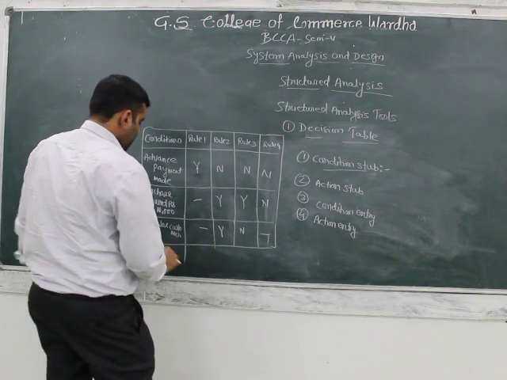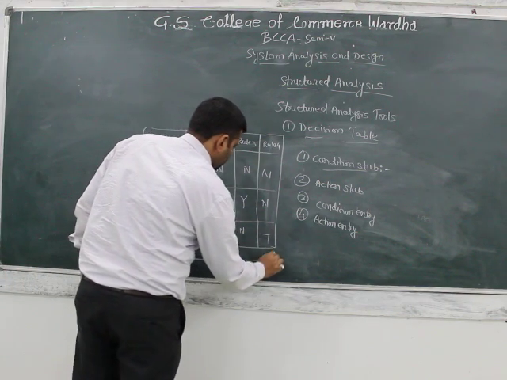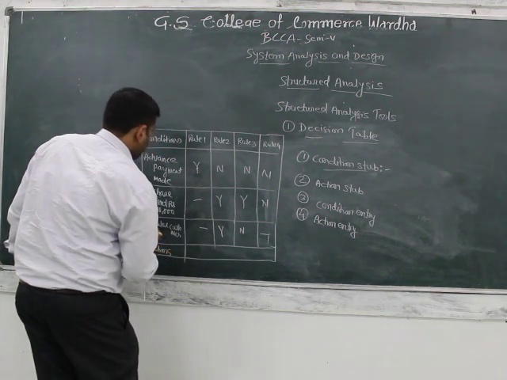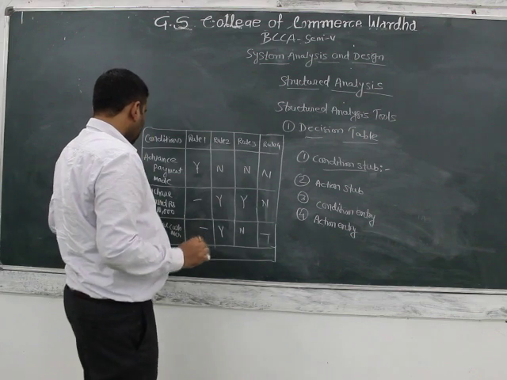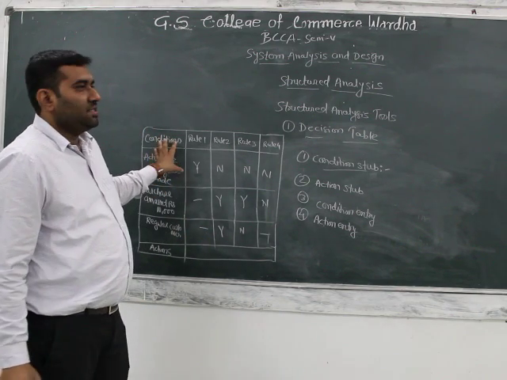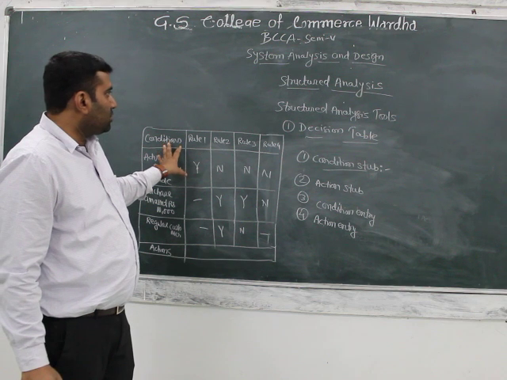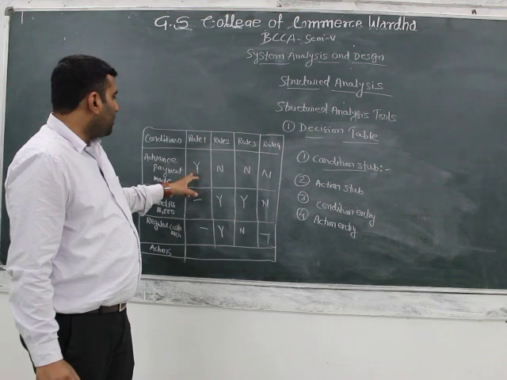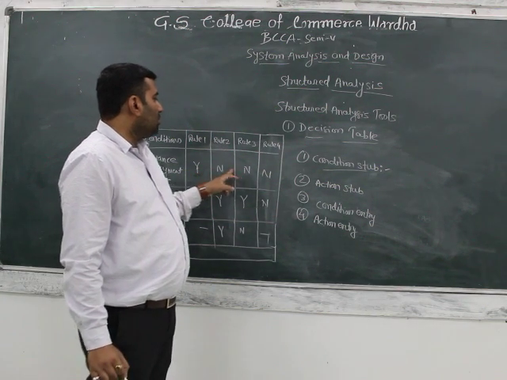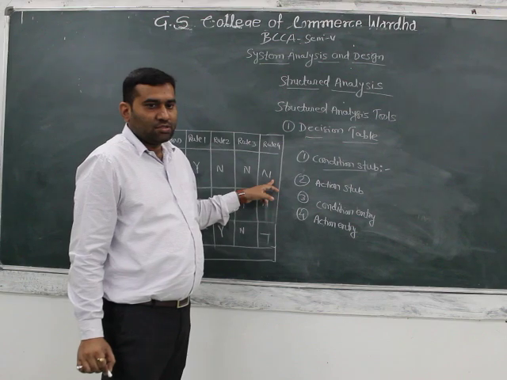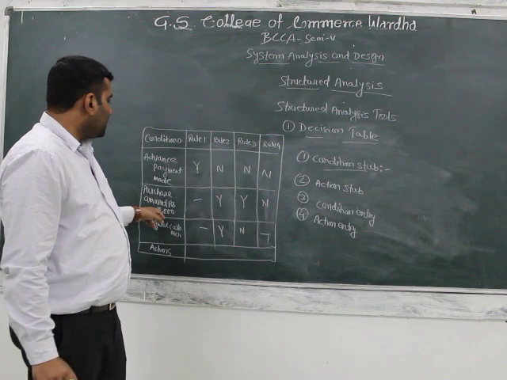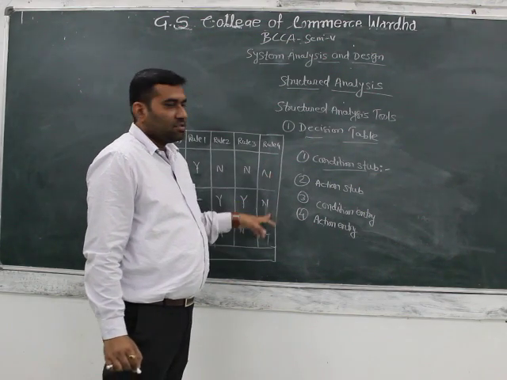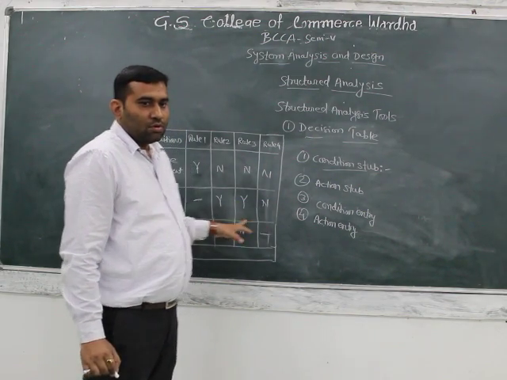In the actions, in this way, these conditions are shown in the decision table. First is advance payment made. It is possible in rule 1, but in rule 2, rule 3 and rule 4 it is not possible. Purchase amount rupees 10,000 is possible in rule 2 and rule 3, and not possible in rule 4.